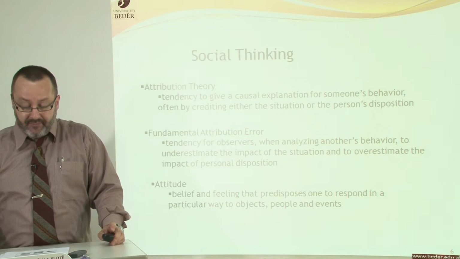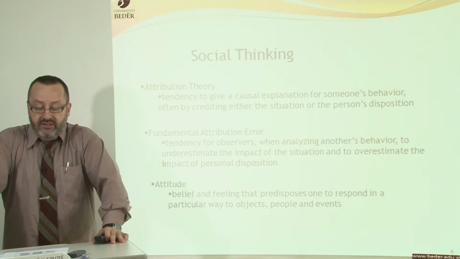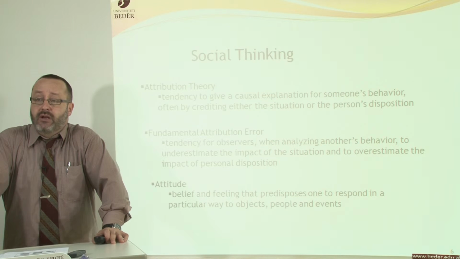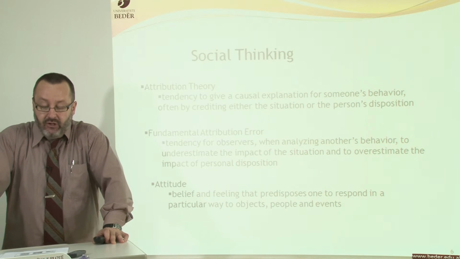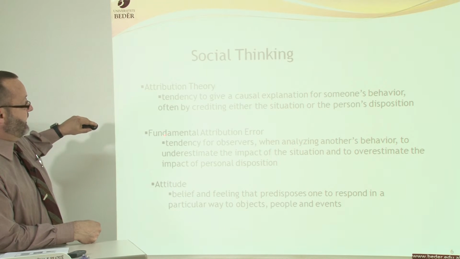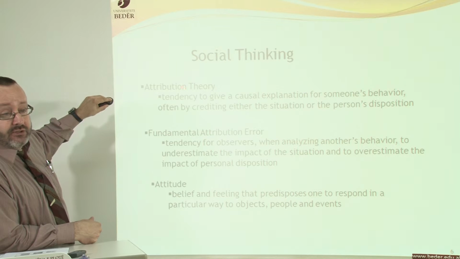So social thinking, important thing to consider is attribution theory. This is the tendency to give a causal explanation to someone's behavior, often crediting either the situation or the person's disposition. And I'll explain that more in a moment. But the second point here, this is attribution theory. You attribute something.